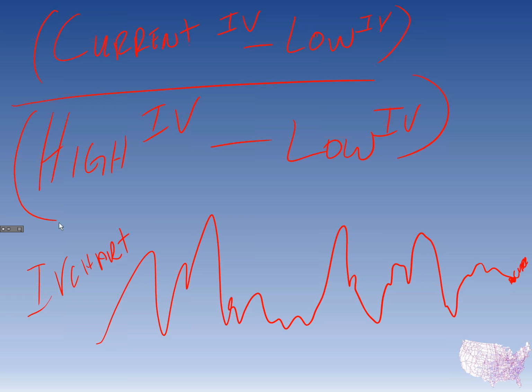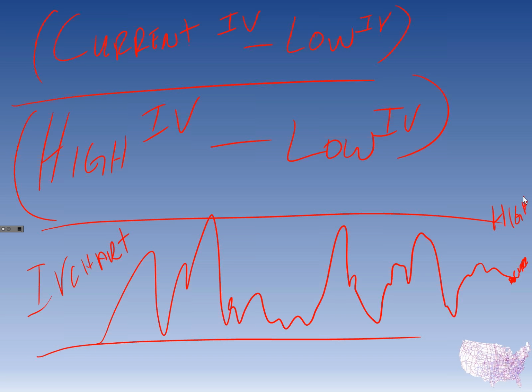What we're trying to do is find out where current IV is in relation to the high and the low. I want to figure out where it currently is. Is it near the high end of the range or the low end of the range? That's literally what we're trying to figure out. It's pretty simple that way.